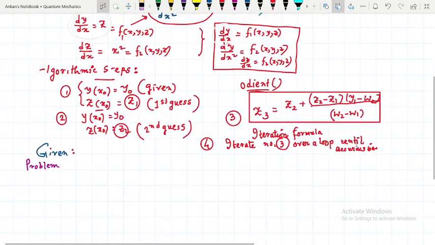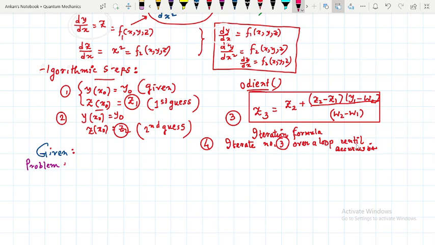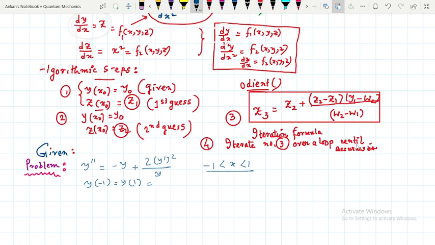Suppose you are asked to solve y double prime equals minus y plus 2y prime square divided by y, where you are given the domain of x ranging from -1 to 1, and at the two boundaries -1 and 1 you are given the value of y to be equal to 1/e plus e to the power -1.